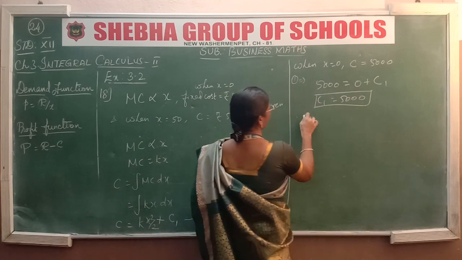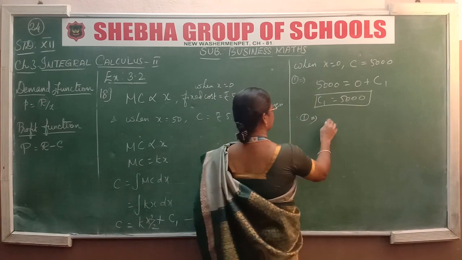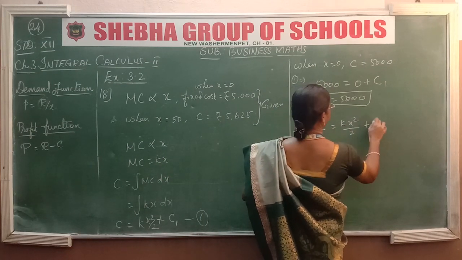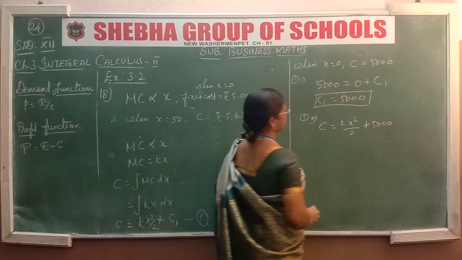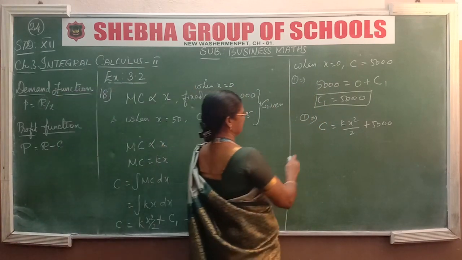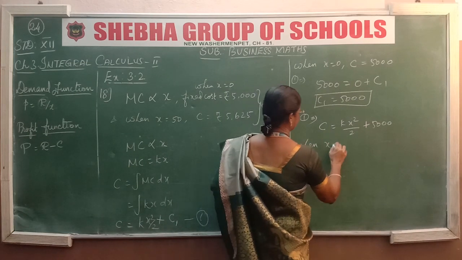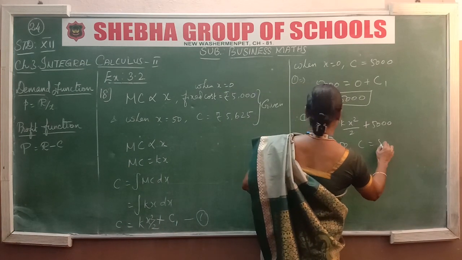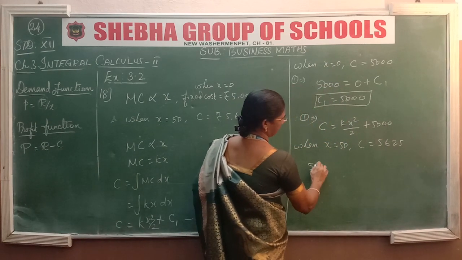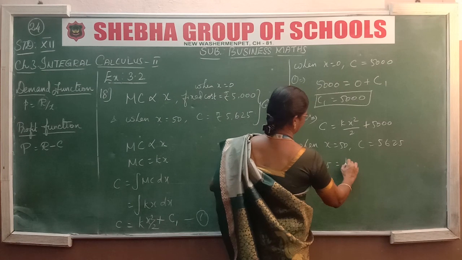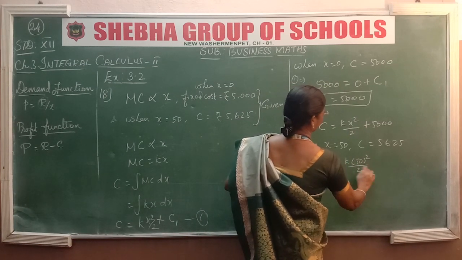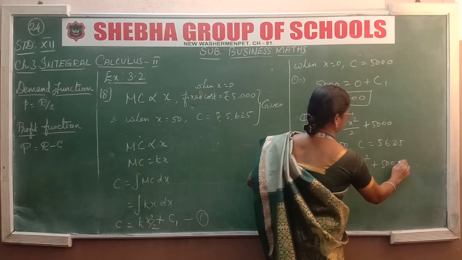Okay, therefore the first equation becomes C equal to k into x square by 2 plus 5,000. Next we use this: when x is equal to 50, C is 5,625. Substituting here we get 5,625 equal to k into 50 square by 2 plus 5,000.